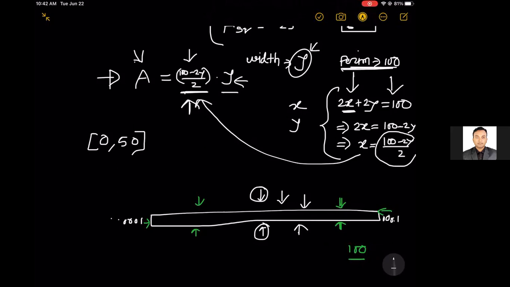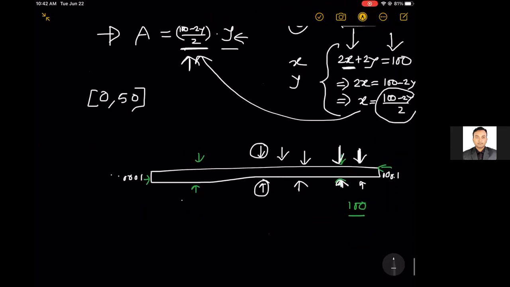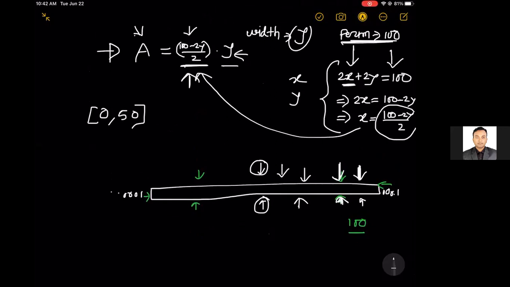That means this side is equal to this side. If the total of the 4 sides is 100, can this side separately be more than 50? If this is 51, that means this will also be 51. So the total is already more than 100. So it can't be more than 50, right? Okay. Hopefully it makes sense. If it doesn't, please let me know.